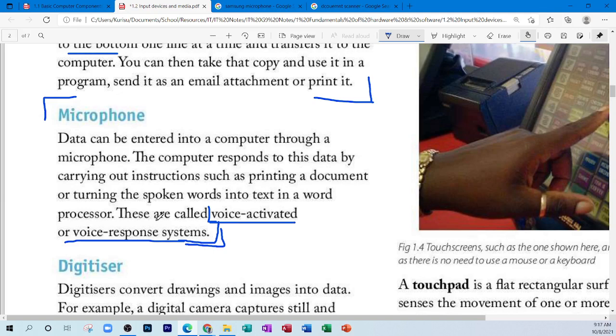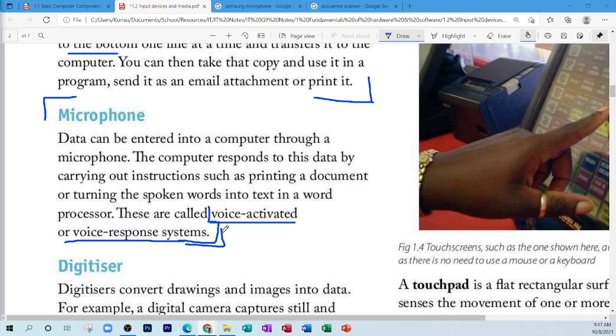They refer to systems that basically when you speak, something happens. I'm sure you guys know of an example of that, like Siri, right? So they take in your voice and they perform certain actions.